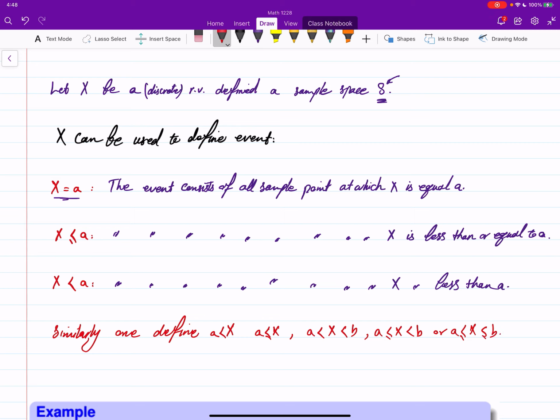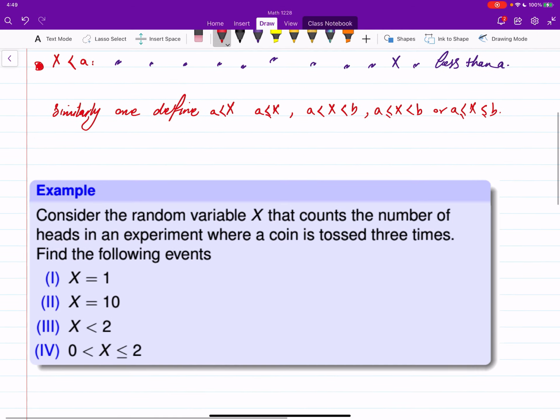All these define events, and in all the cases, we pick the sample points at which the value of the random variable satisfies the given inequality or equality. Okay, let's see these in some examples, and you'll see what I mean.